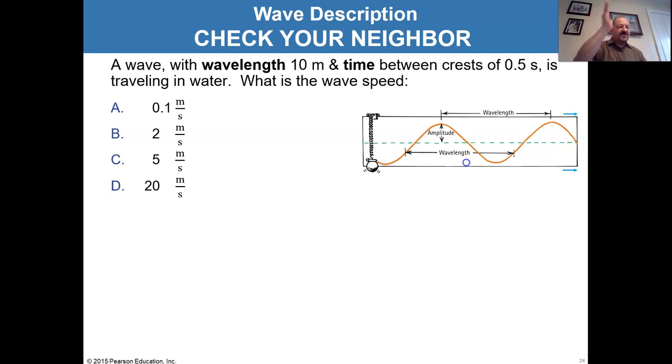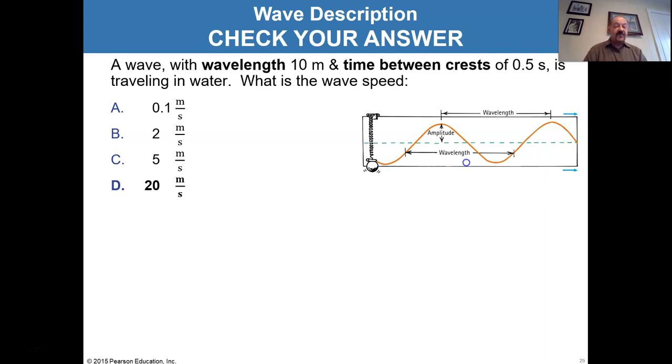If you go from crest to the next crest and it takes half a second, that's half a second per wave, per cycle, per one of these, okay? That means it happens every half a second. Well, that's the period. That's how we define period. That's capital T. Well, period is the inverse of frequency. So the reciprocal of 0.5, 1 over 0.5, is 2.